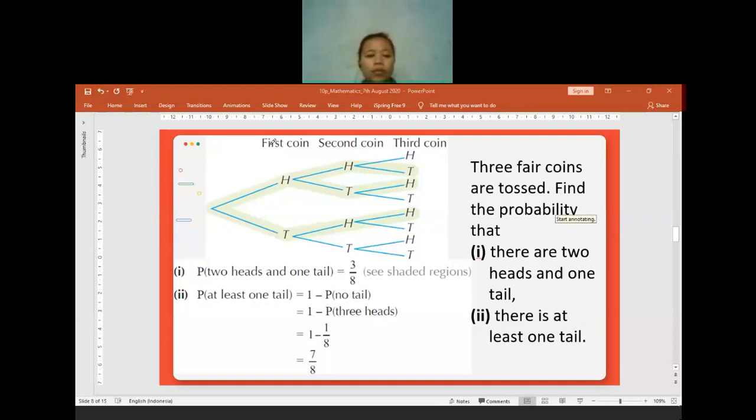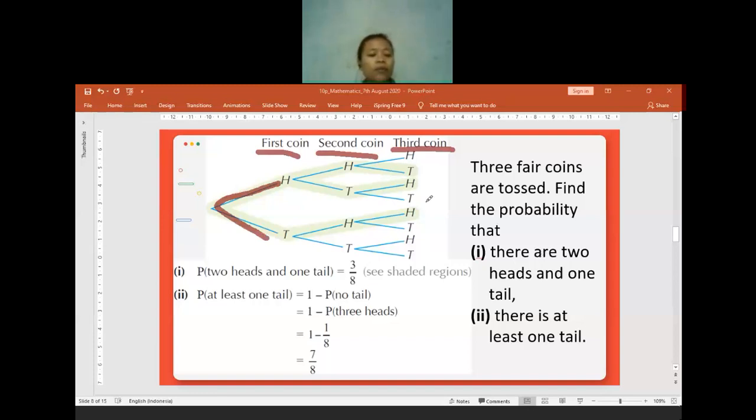This is for the first coin, the second coin, and the third coin. So the tree diagram will look like this. For every branch, this is for the first one, and then for the second one, we have to make another branches. So in here, the question says there are 2 heads and 1 tail.